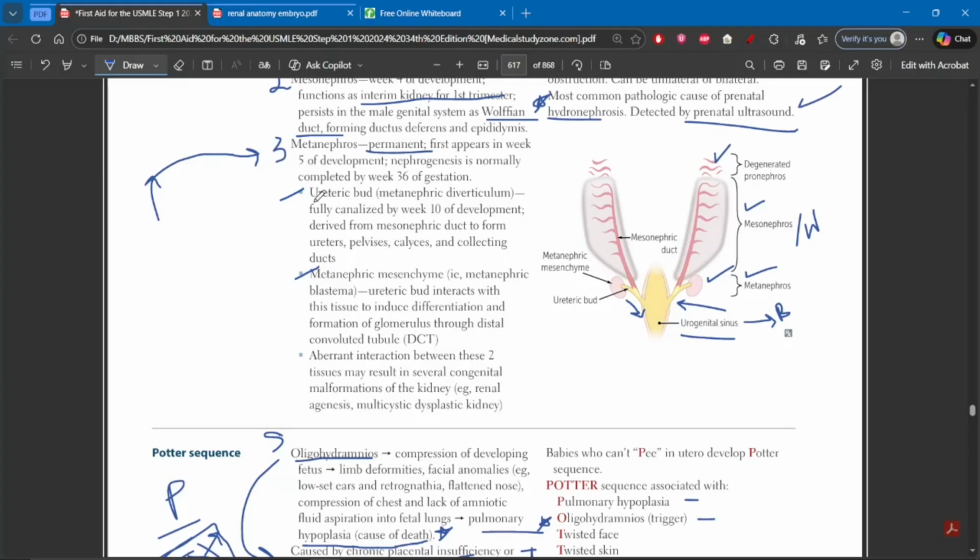If the ureteric bud is not developed, the whole kidney is not going to develop. You might ask why. Everything in embryology is related to signaling. The connection between the ureteric bud and the metanephric mesenchyme is due to signaling.